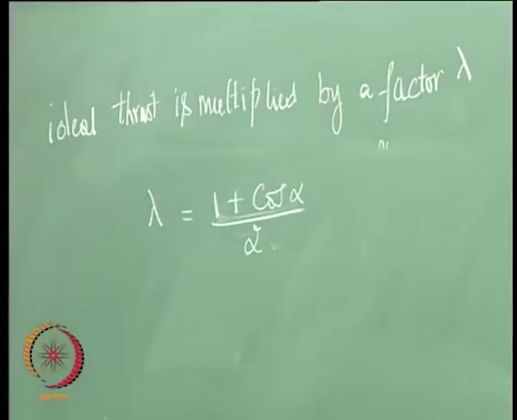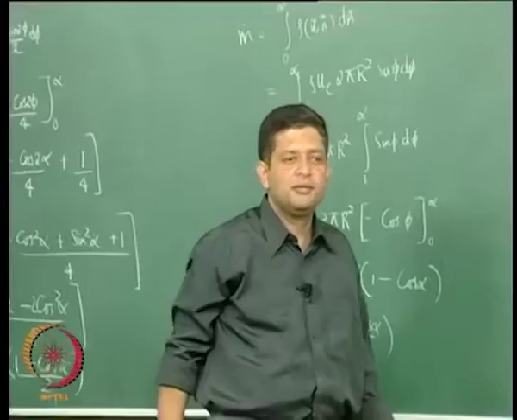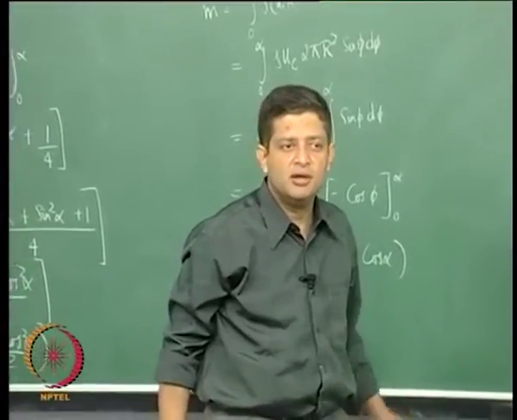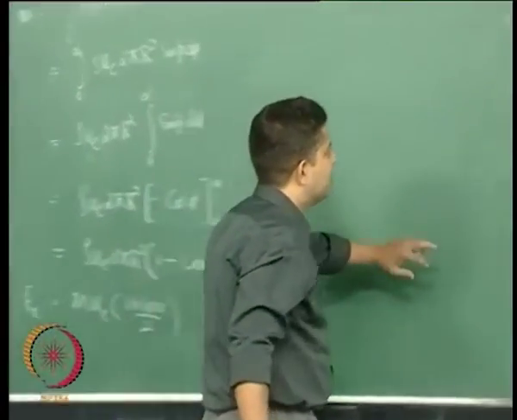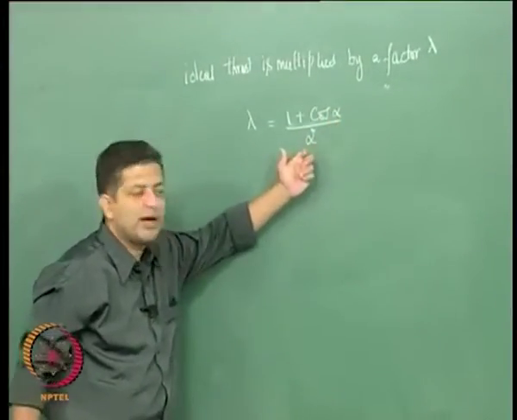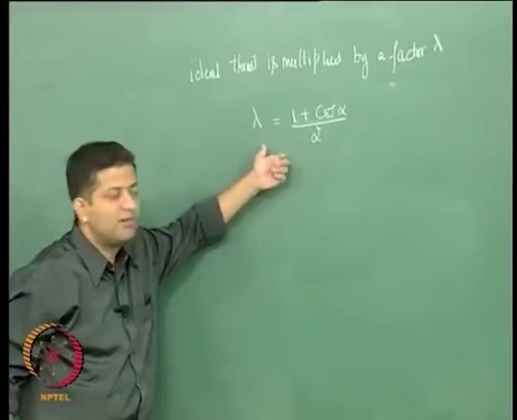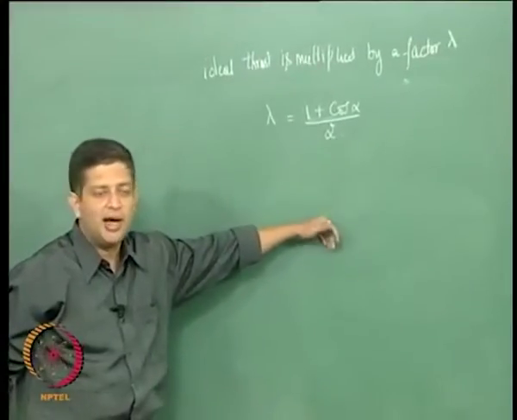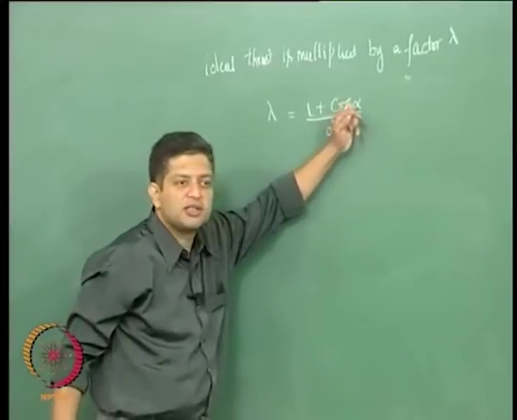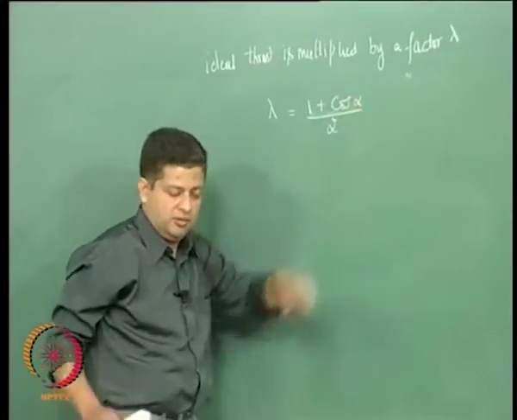So, what is the maximum value of lambda we can have? Cos alpha can at best be 1, right. So, the maximum value of lambda can only be 1, and in real cases it will be less than 1 depending on what is this angle alpha.